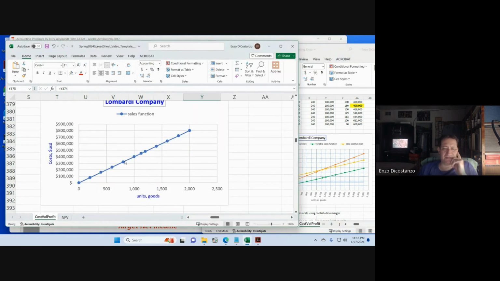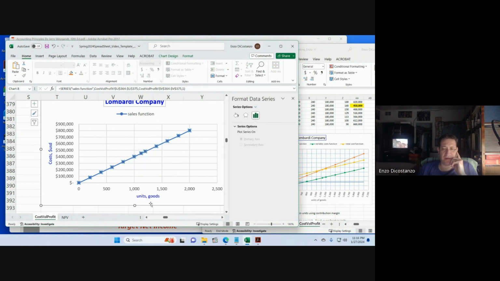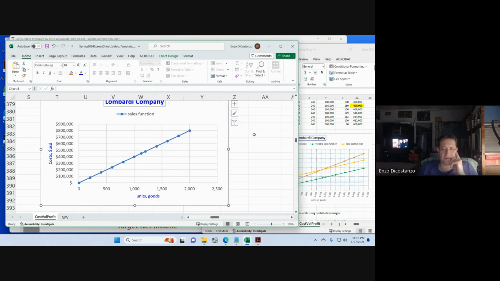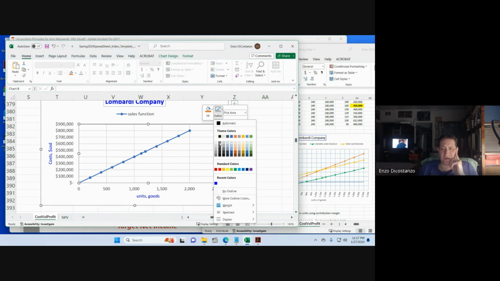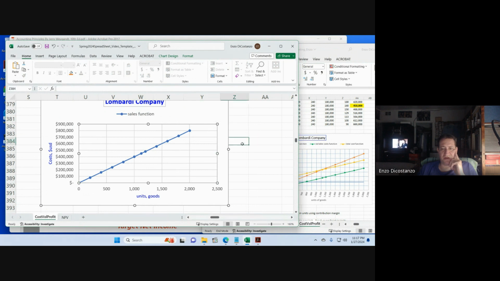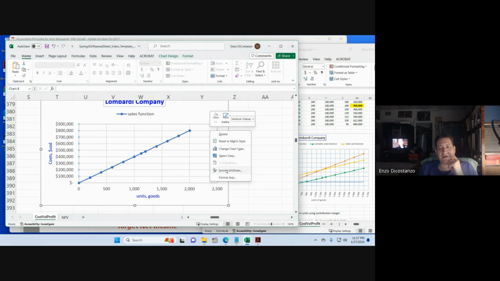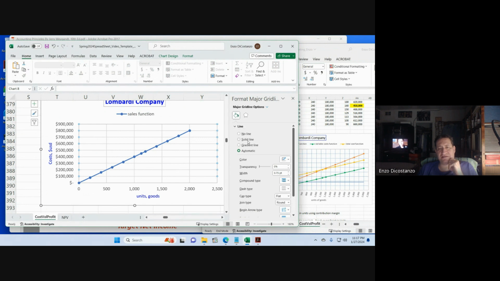And we don't like these markers so big. So right click, Format Data Series, click on Marker Options, and make it smaller. You want to outline this with a nice mild gray. Right click, format the lines, solid, half a point, dash.